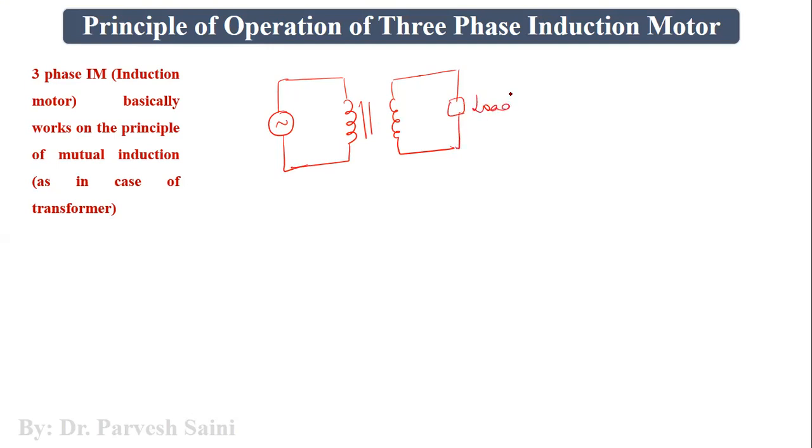The flux links these two windings, so because of mutual induction we have an EMF E2 induced in the secondary winding, and hence some current flows in the secondary winding.